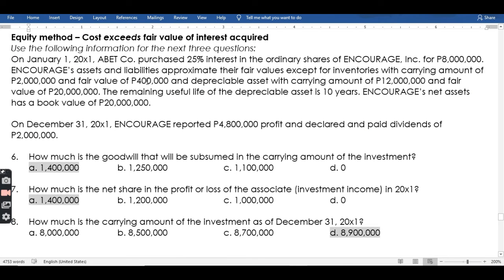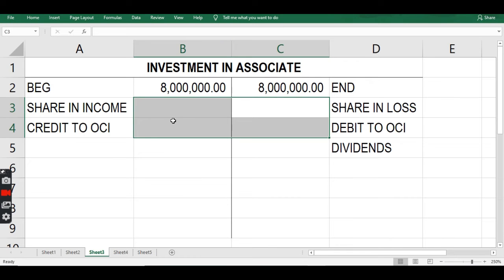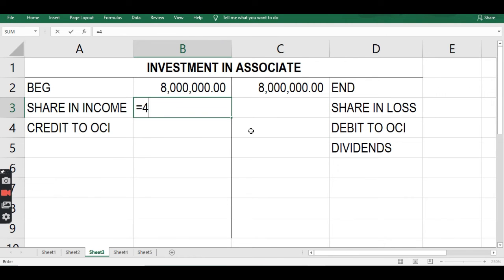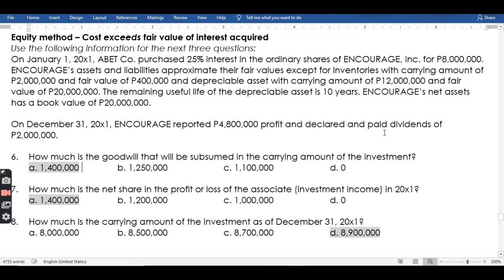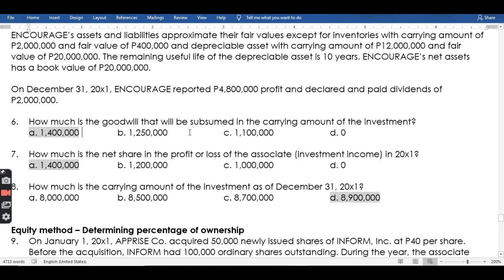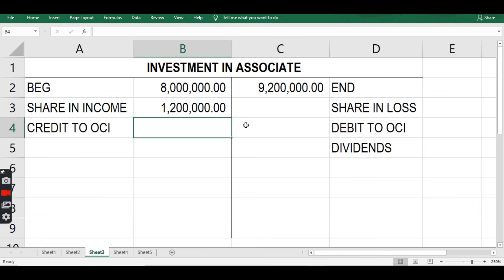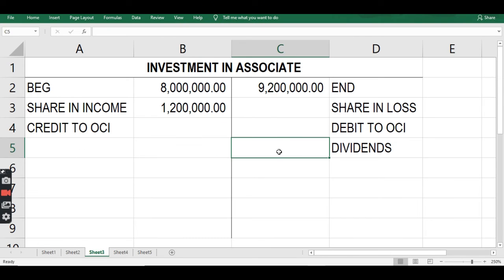Ang sinabi sa problem, nung 20x1, nag-report ng 4,800,000 na profit. So dito tayo maglalagay ngayon dito ng 4,800,000, pero yung 25% lang sa atin. Okay? Pagkatapos, nagbayad ng dividends na magkano ulit to? 2 million. Okay? So 2 million, so that's going to be dividends, 2 million.